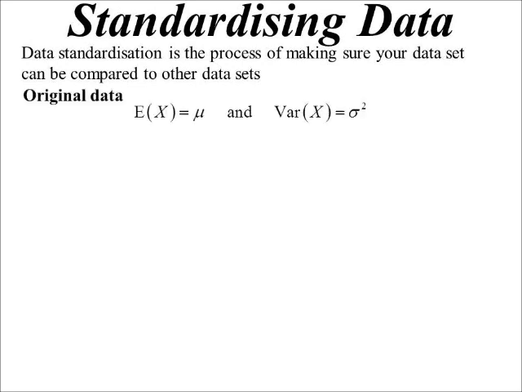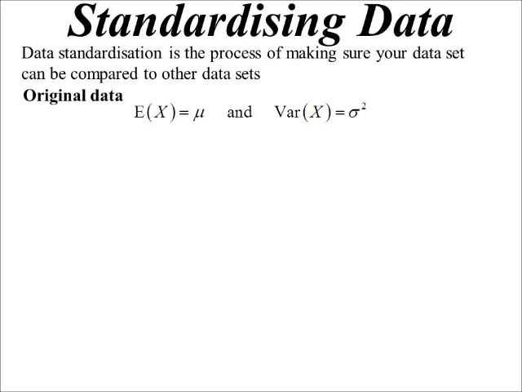Don't panic too much about how I get this, because I don't think we're going to be asked how you get this. But just to show you where it comes from, we're not just pulling it out of thin air. Expected value is mu, and the variance is the standard deviation squared. So that's our standard piece of data.